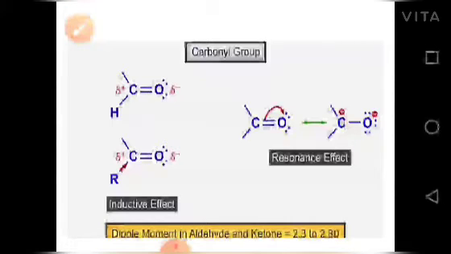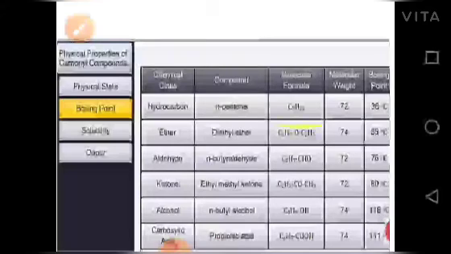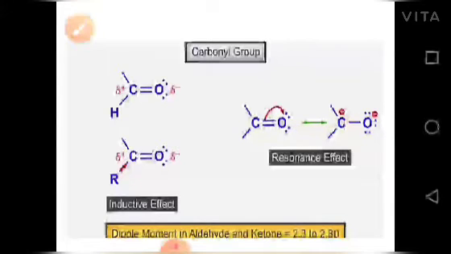Consequently, in the carbonyl group, the oxygen atom acquires a partial negative charge while the carbon atom acquires a partial positive charge.